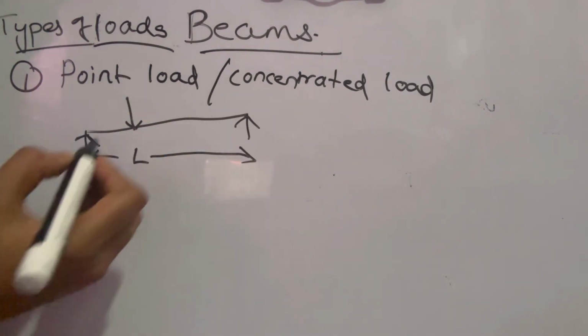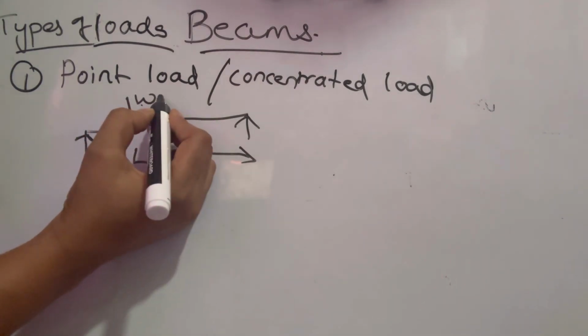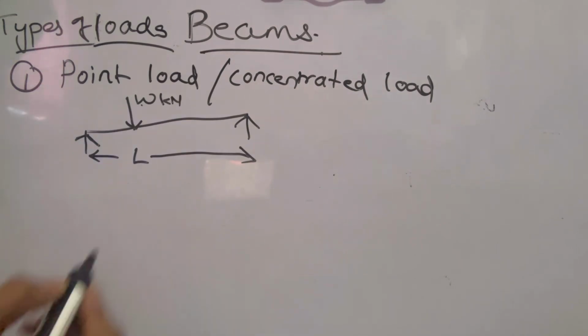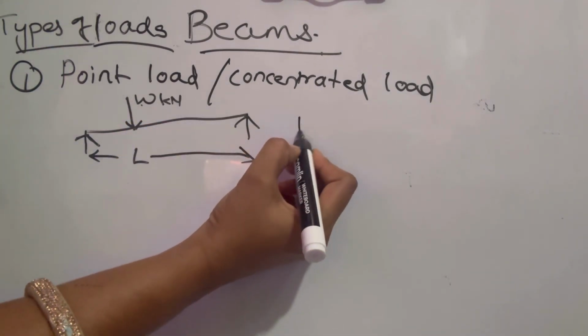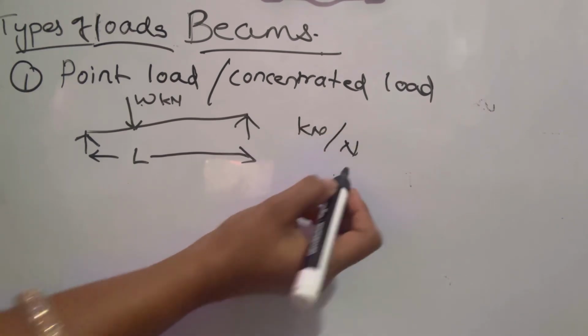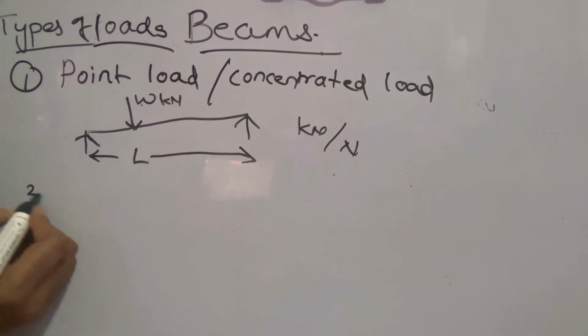So this is your point load, denoted as W, the intensity of the load, and the unit is kilonewton or newton.